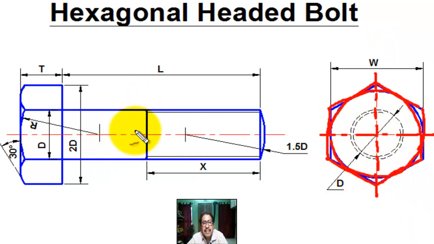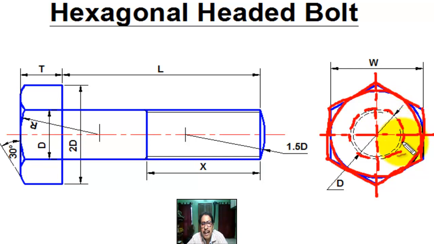Next, with diameter D, the diameter of the bolt, draw a circle, the outer circle. This is a dotted line. Since we see the side view from this side, the outer circle will be dotted.